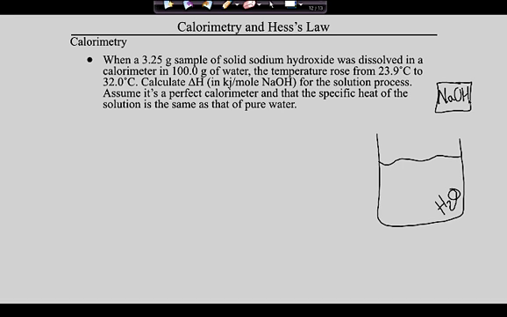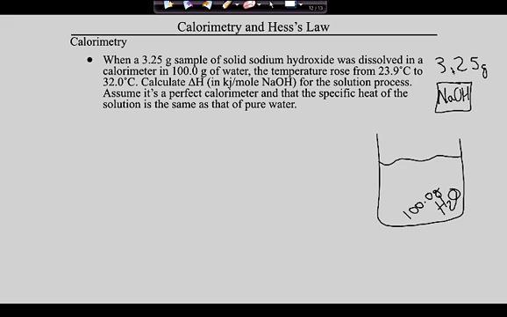That's how it becomes a base. But what we want to know is how much energy is involved when that happens. So, guys, how much water is inside our calorimeter? 100 grams, right? Oh, good. So we've got 100 grams of water inside of our calorimeter, and we are going to dump 3.25 grams of sodium hydroxide into that 100 grams of water. When we do it, it'll dissolve, and energy will be taken in or given off by this process.